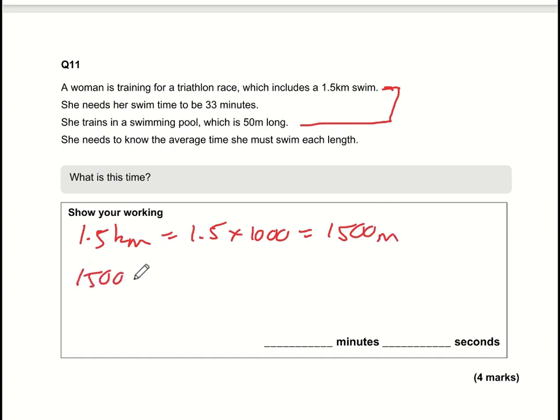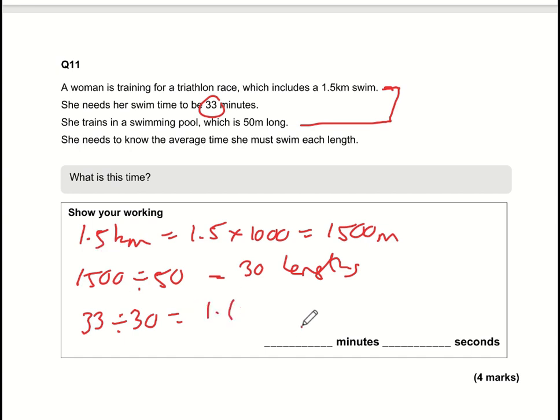That is 1,500 divided by 50, so that is 30 lengths.